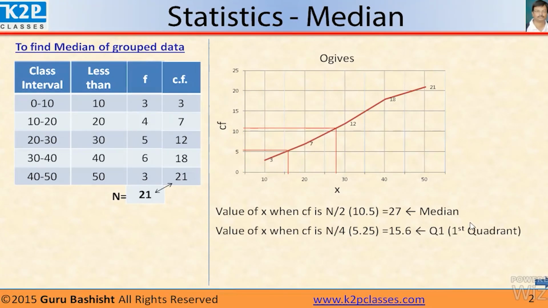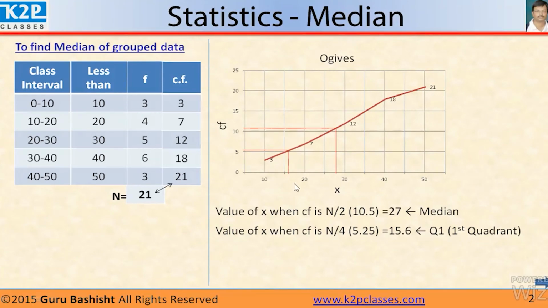Now, what is a quartile? As the median is the middle value, the quartile is called n by 4. So n by 4 is 5.25. For 5.25, the value is 15.6.